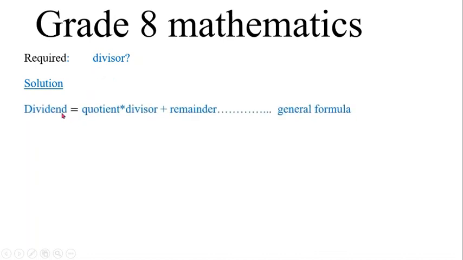As a solution, we can rewrite the division operation as this relation: dividend is equal to quotient times divisor plus remainder. This is the general formula that relates dividend, quotient, divisor and remainder.